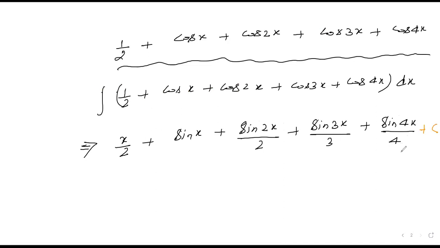It must be noted that we have to put the constant of integration in every integral, because the antiderivative is not unique. It represents a family of parallel curves. So this is the final answer.